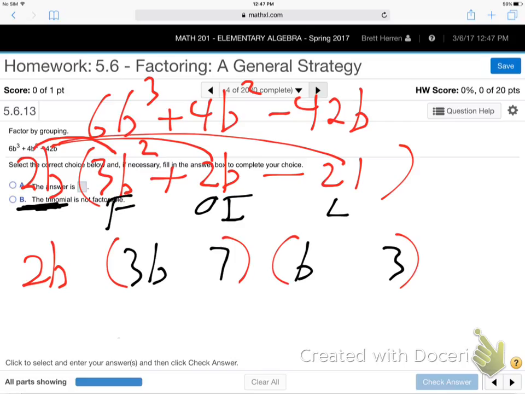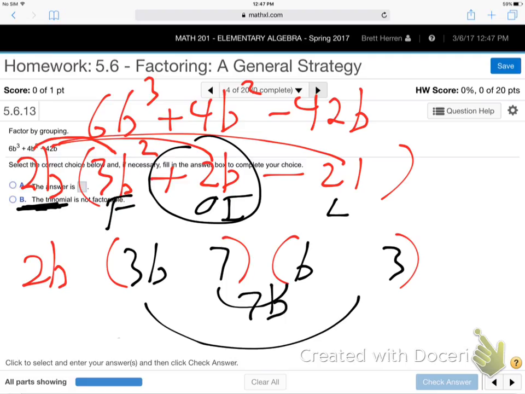So now, how do I know if that's right? The OI, the 2 inner, the 2 outer, 7b and 9b, right? Inner times inner, 7b, outer times outer, 3 times 3, 9b. Now, how can they make the middle term, which is what? Plus 2b. Can they? Yep. Sign in the middle always goes on which one?